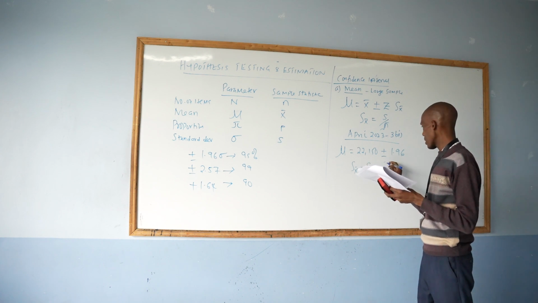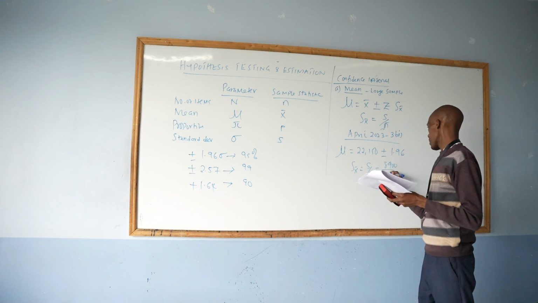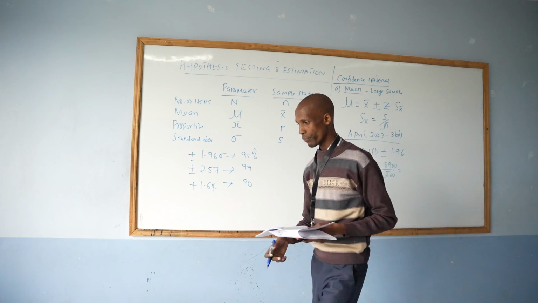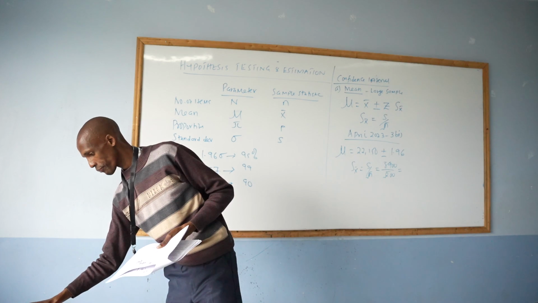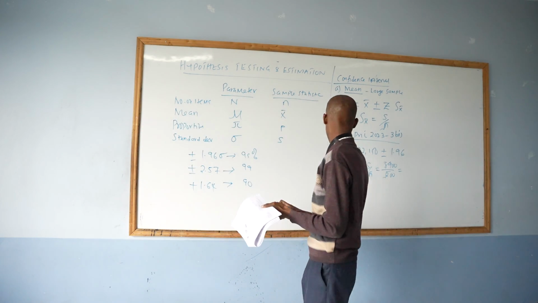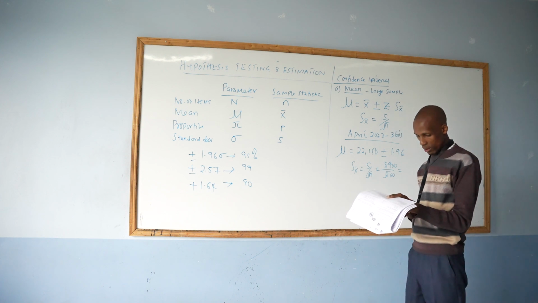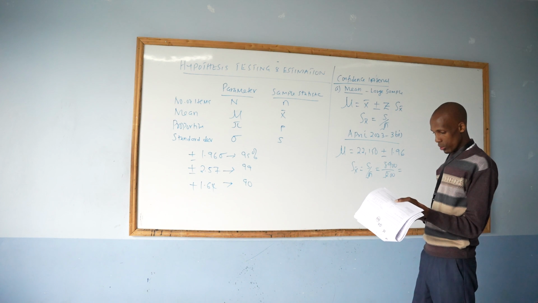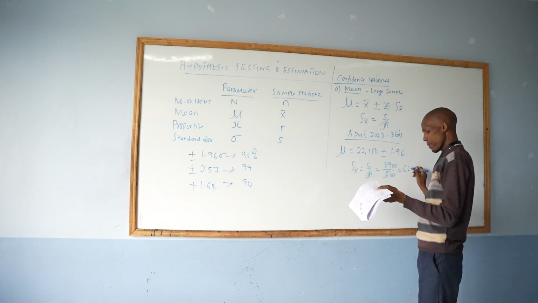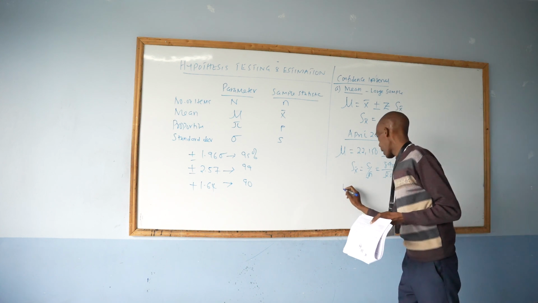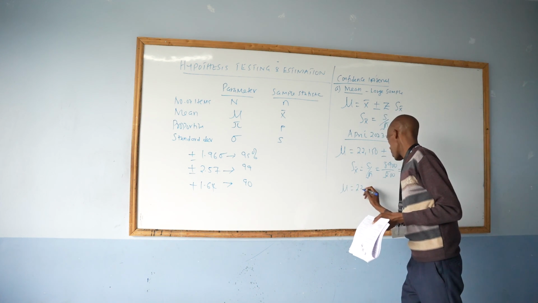The standard deviation is 8900, divided by the square root of 200. You get the answer: 8900 divided by square root of 200, you get 629.325. So that means our mean is 22,150.